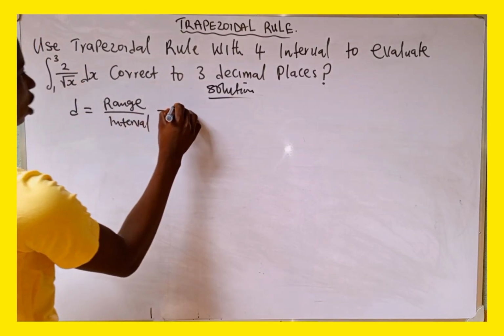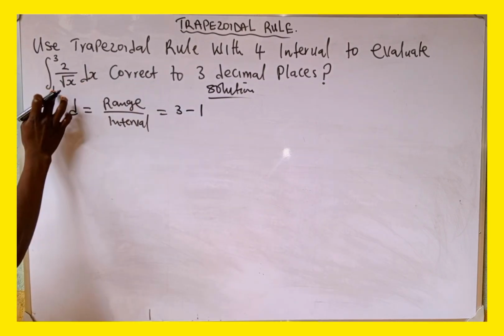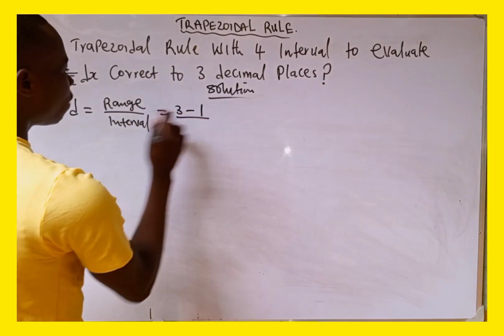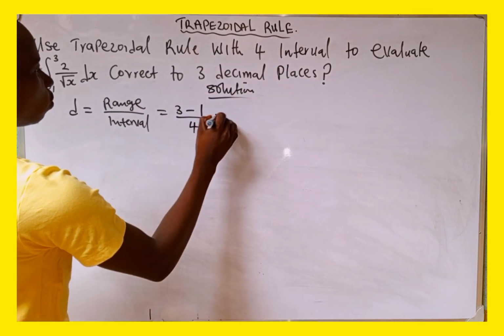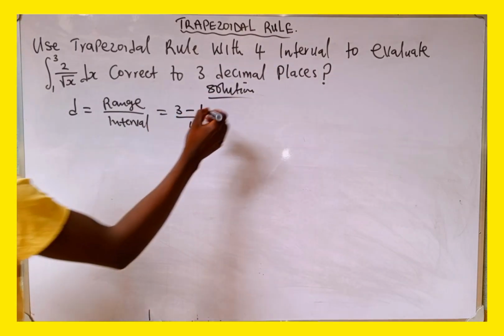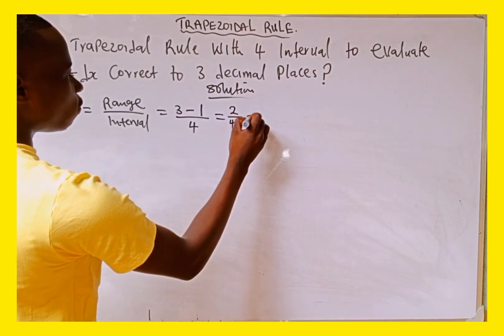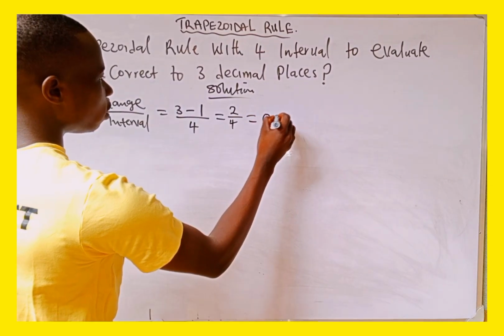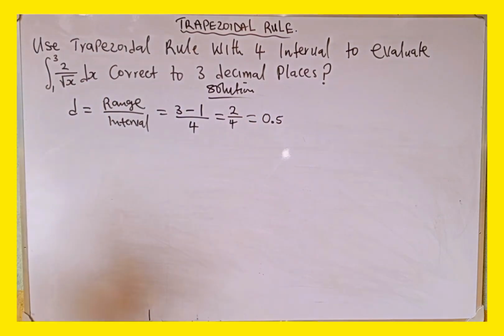The difference implies subtraction: 3 minus 1, the upper limit minus the lower limit, then divided by the interval, which from the question is 4. 3 minus 1 gives us 2, then divided by 4, which is equal to 0.5. So therefore 0.5 is the width of the interval.